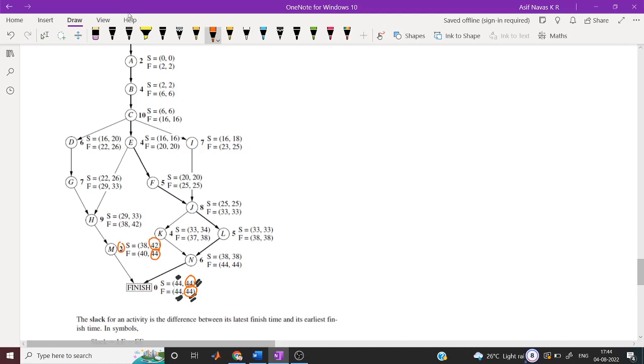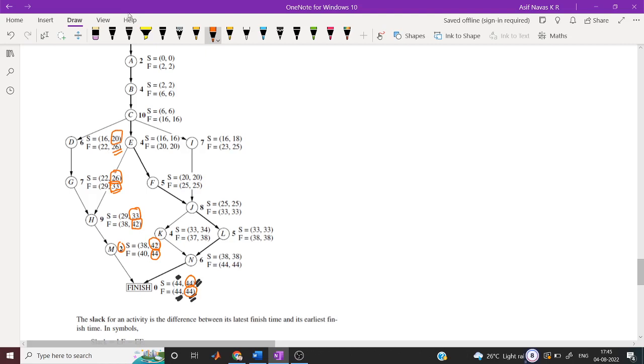And from here LS is 42, so 42 is the LF of this, and 42 minus 9 is 33. Similarly, 33 is the LS, so that is the LF here, and 33 minus 26 for G. Now similarly from here LS is 26 minus 6, that is 20. Okay, and so on.